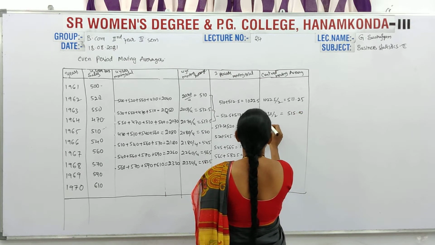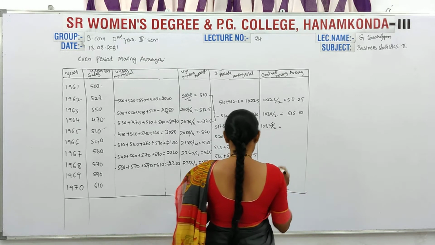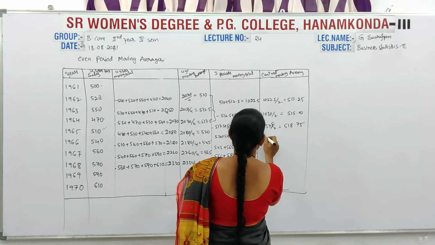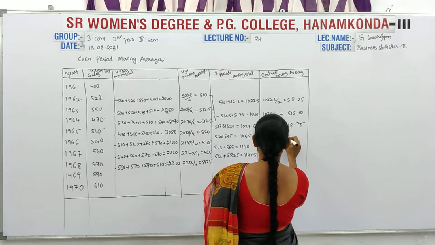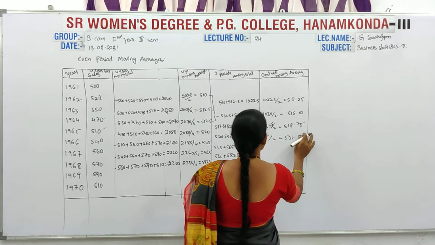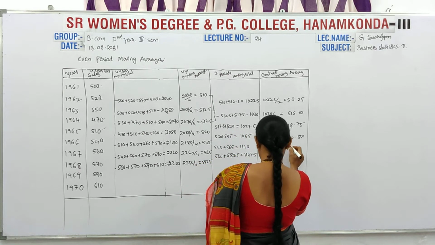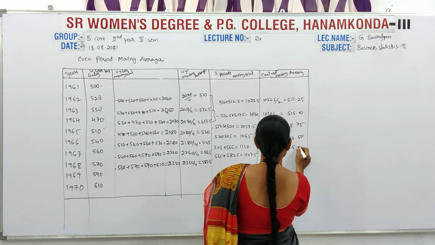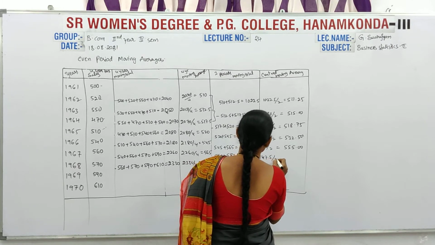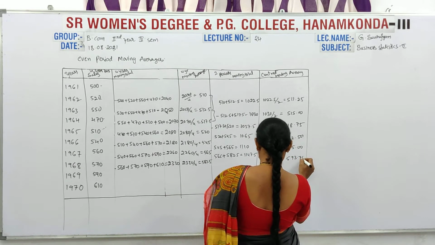Next, 1037.5 divided by 2 is 518.75. 1065 divided by 2 is 532.5. 1110 divided by 2 is 555. 1147.5 divided by 2 is 573.75.